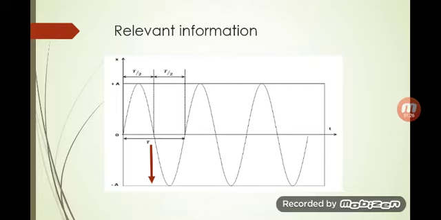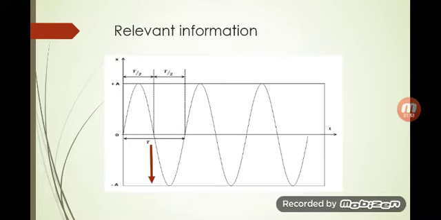Here's some relevant information. You're starting from 0 and going down. For a point to go up and down in this graph, it has to undergo T over 2, which means going up will only take half of T over 2, which is T over 4.